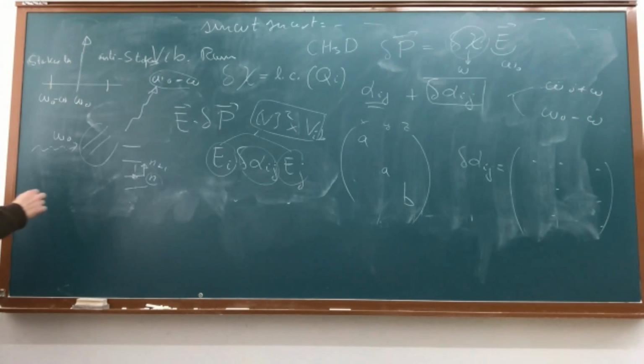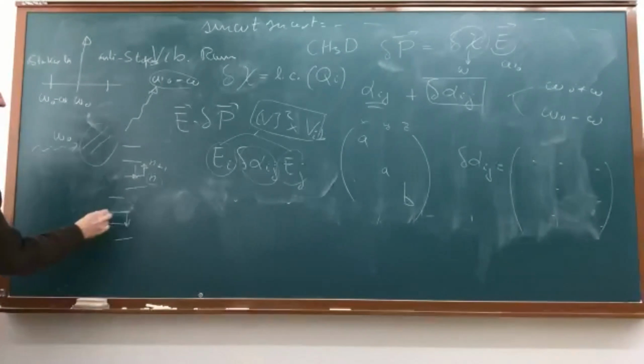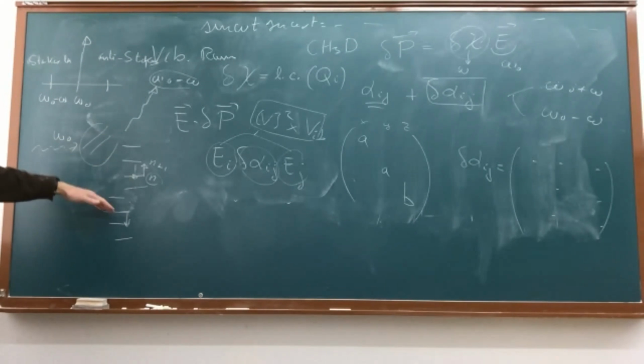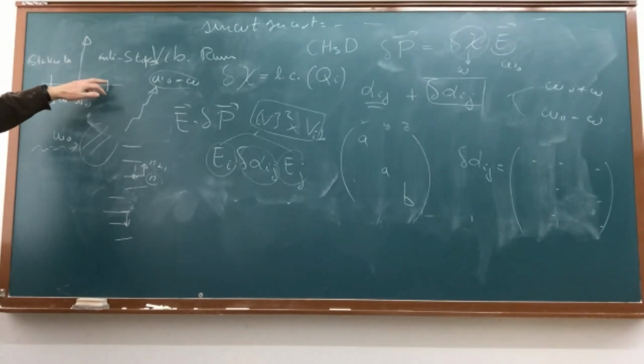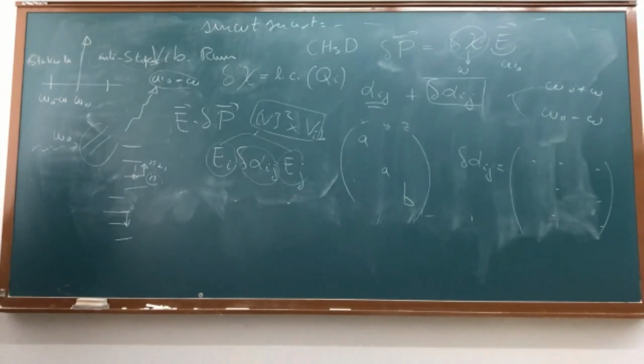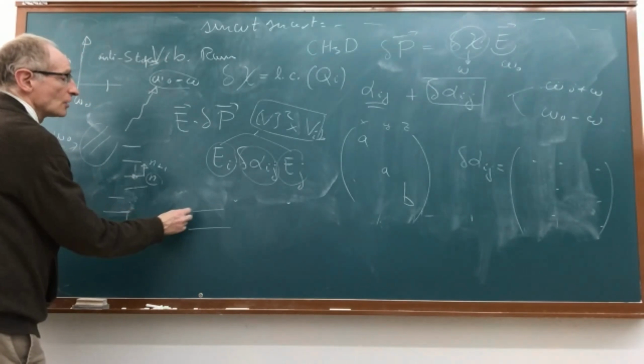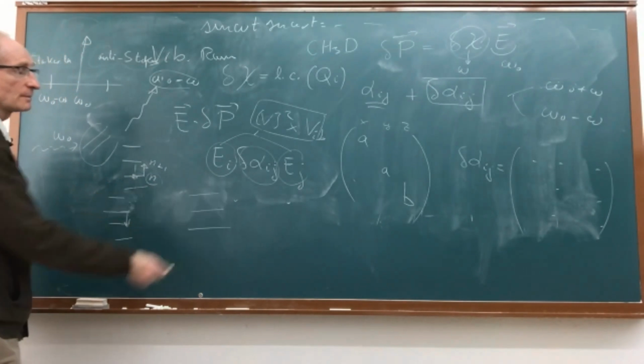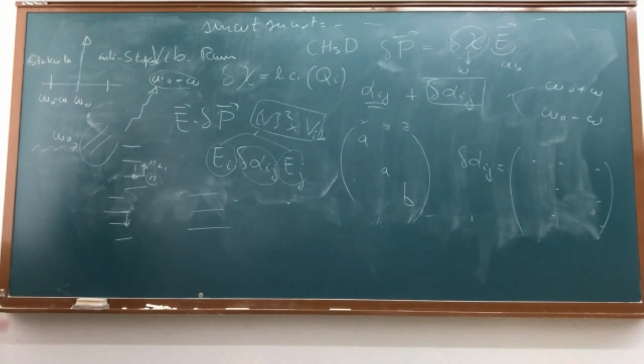In this case, what happens is that one of the vibrational modes loses energy, and that energy is gained by the photon. Okay, anti-Stokes is extremely hard to observe in general, because usually at room temperature, most of the vibrational modes of the molecule are in the ground state. Why is that? Well, for a very simple reason.